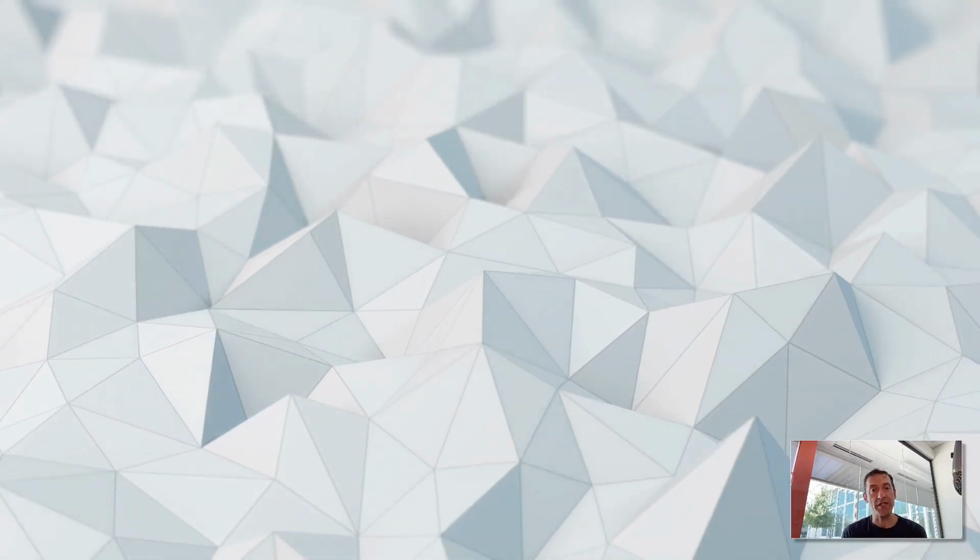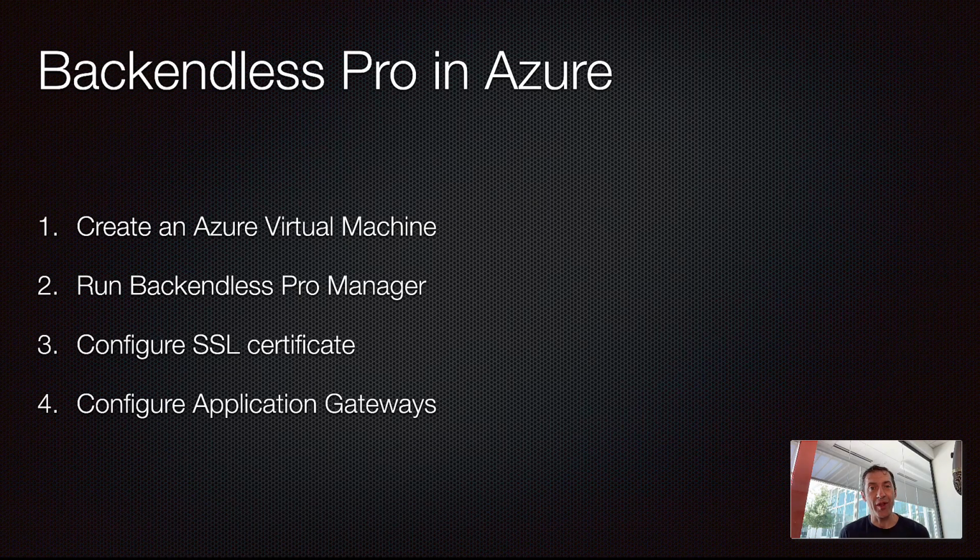So, going back to the four steps of installing Backendless Pro in Azure. Number one, we will create an Azure virtual machine. That will be a very straightforward process, and by the time it is done, Backendless Pro Manager, which is a special tool that we have created, will already be there.